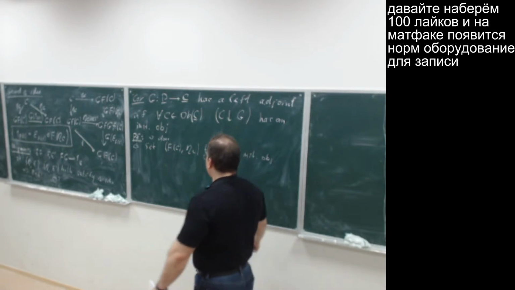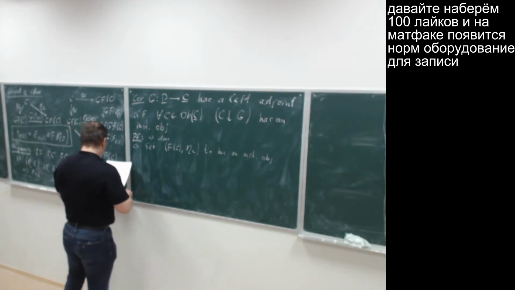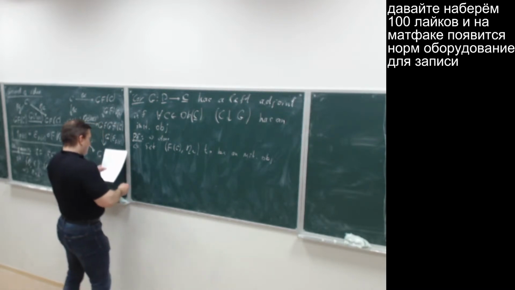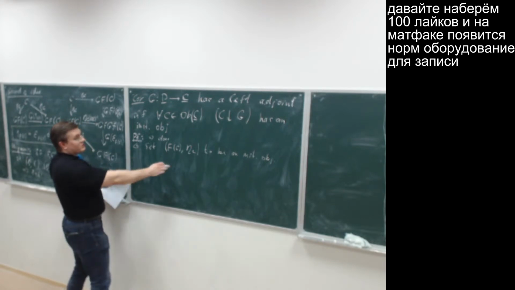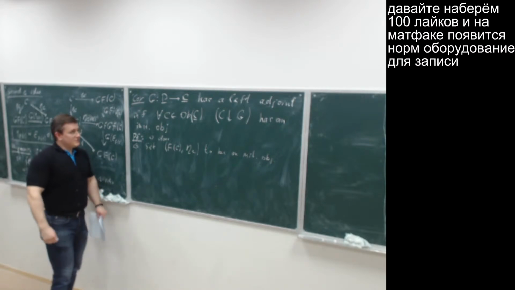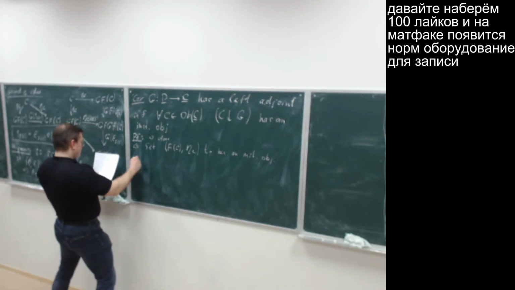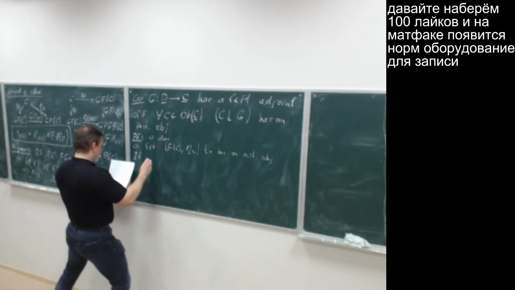So what we need to check is that this is a functor, and this is a functor, and this is a natural transformation. Well, this is not so hard for the second part. Okay, so functor, if I want to define this on the objects, I can do it like this. It is unique up to unique isomorphism, so this makes sense. Now, if I want to understand what this functor is doing on the maps, I need to take a map.